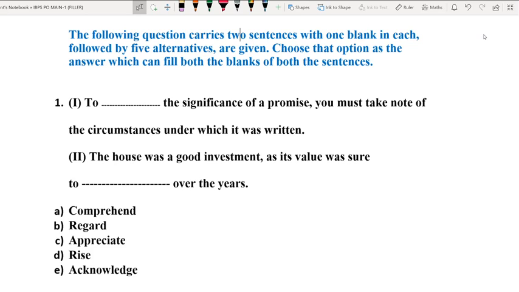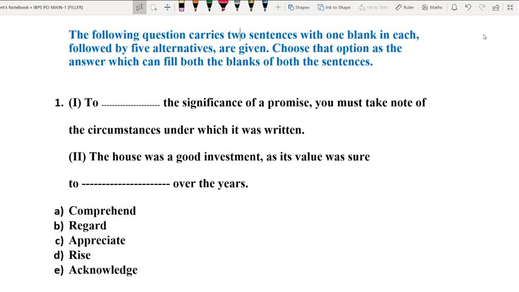The first one is, whenever you come across filler questions, be it single blank fillers or double blank fillers or triple blank fillers, the do's and don'ts are to be remembered thoroughly. You must remember what to do and what not to do.